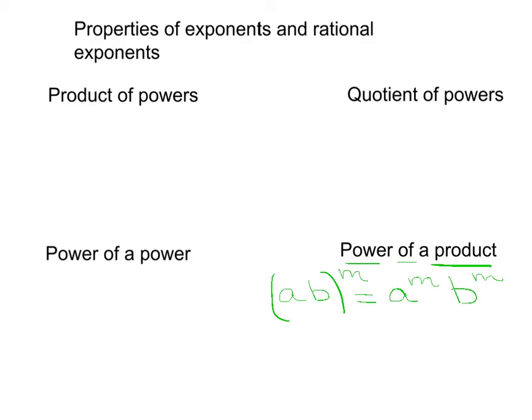And when we're applying this to Math 1, an example would be x, y, all raised to the power of 1/5. That will give you x to the 1/5 power times y raised to the 1/5 power.